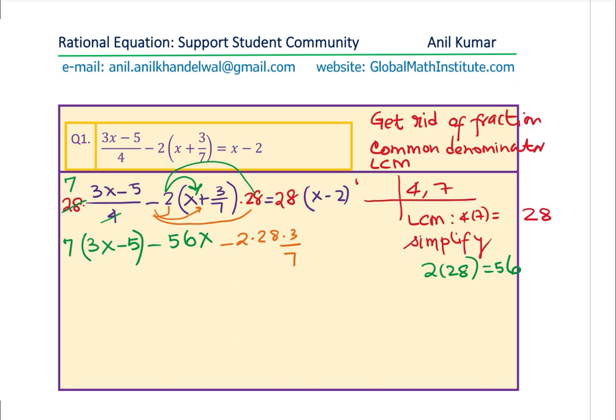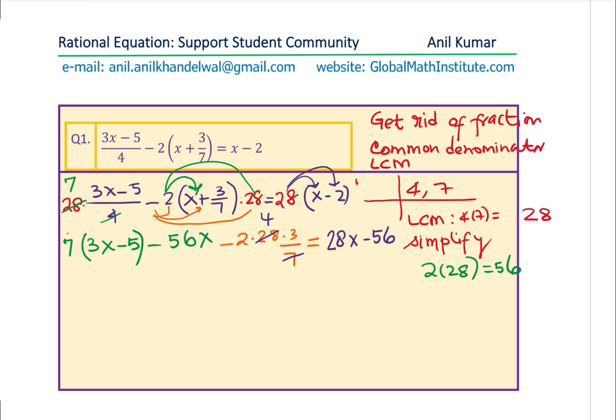Correct? And on the right hand side, we will open the bracket, multiply both the terms by 28 and then write them down. So we have 28x minus 56. Is this step clear to you? So that is how we are going to do it. Here we can simplify: 28 goes 4 times with 7, and so we have a simplified term.